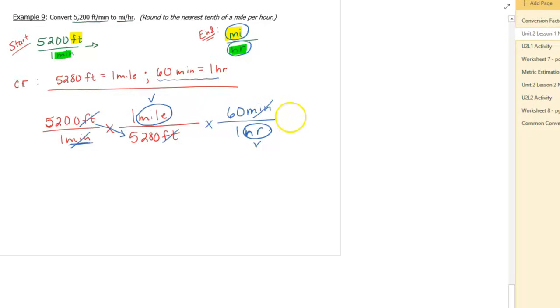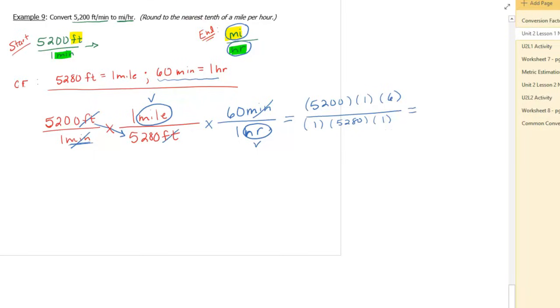So now I need to do the math. So on the top, I'm going to do 5,200 times 1 times 60. And on the bottom, I'm going to do 1 times 5,280 times 1.